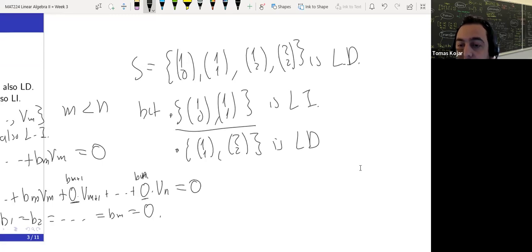And then, for a subset that is LD, the superset has to be LD. Yeah, this is the result we just proved, Kellyanne. So if you have a subset that is linearly dependent, then the big set will also be linearly dependent. Can we just simply say it has the same elements as this?